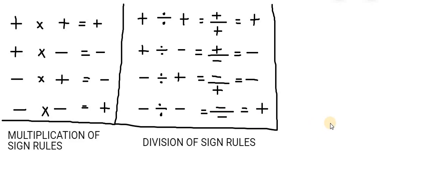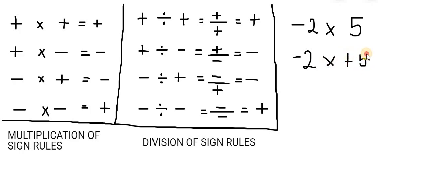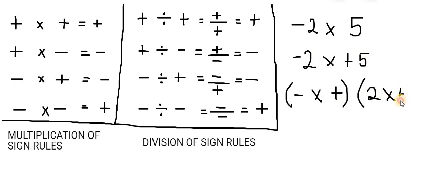Okay? So if I said minus 2 times 5, okay, I have to expose the signs. So this is saying minus 2 times plus 5. So I multiply the signs separately, minus times plus, and I multiply the numbers separately, just 2 times 5.